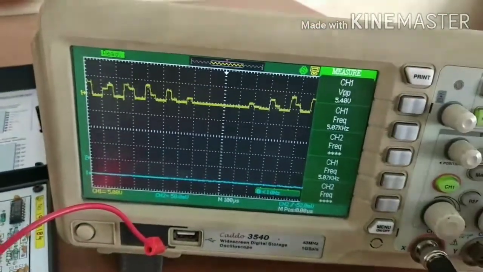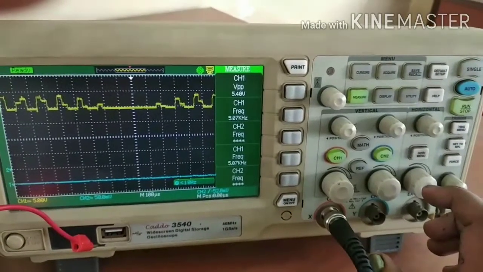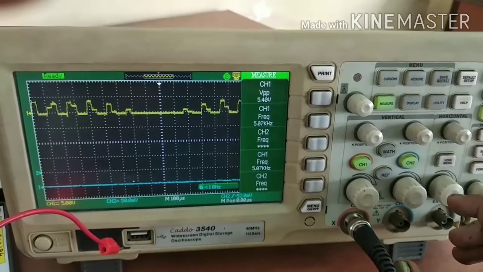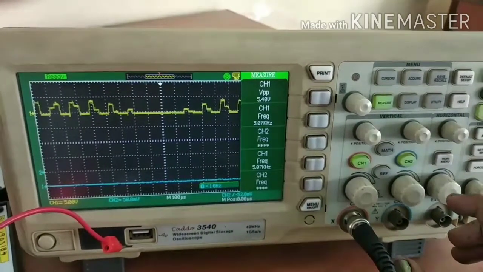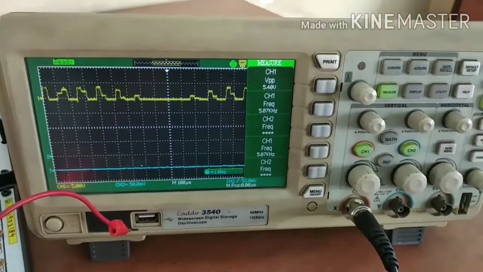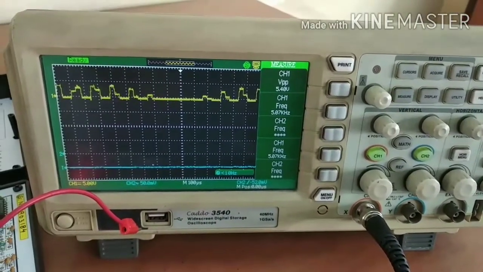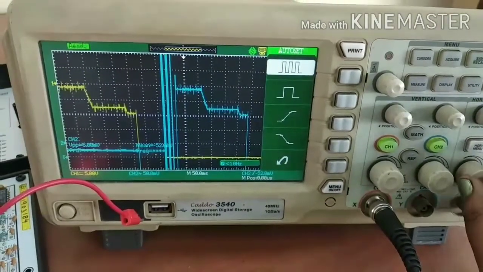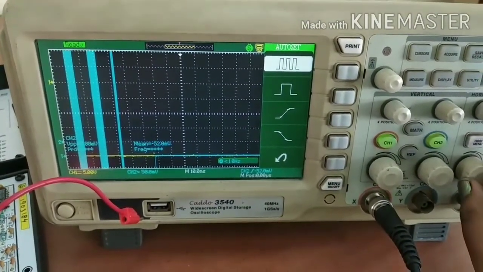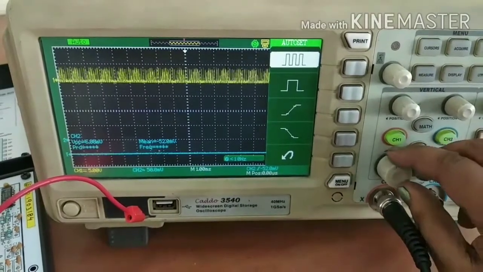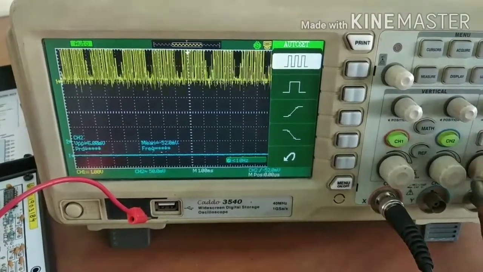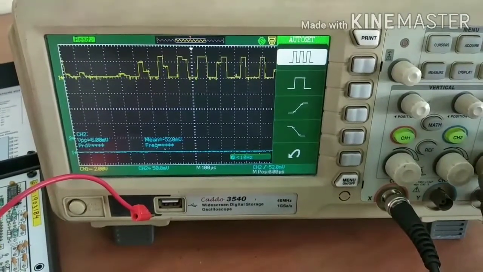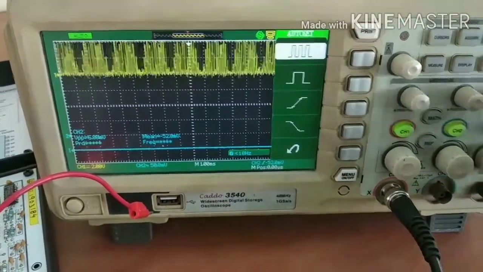We need to press the auto button and wait for some time. This is the output of the DAX signal.